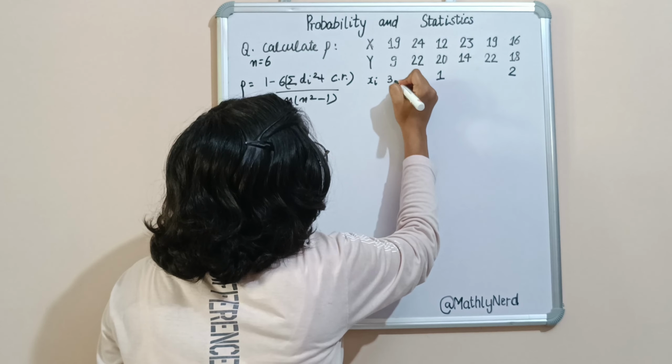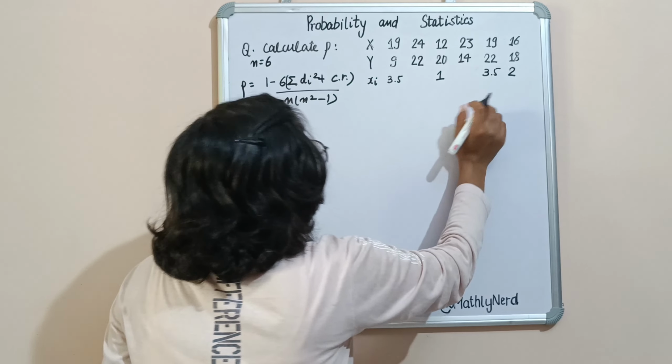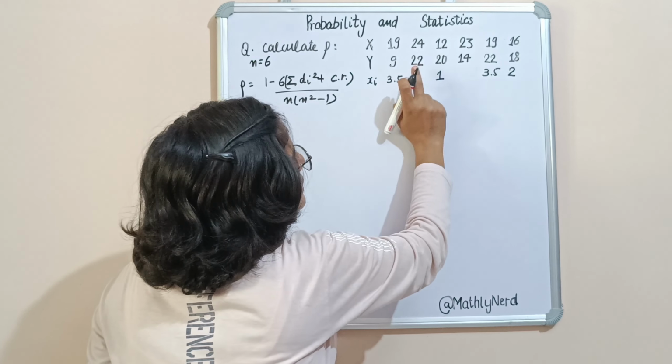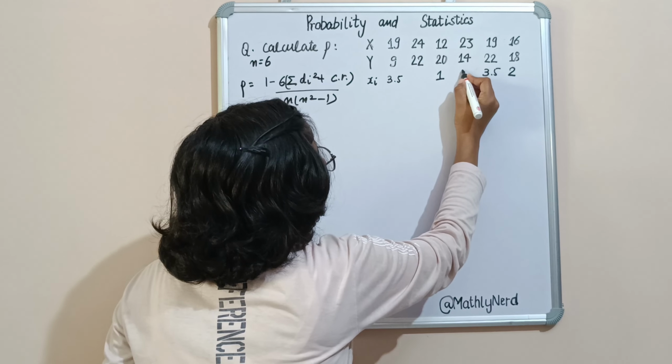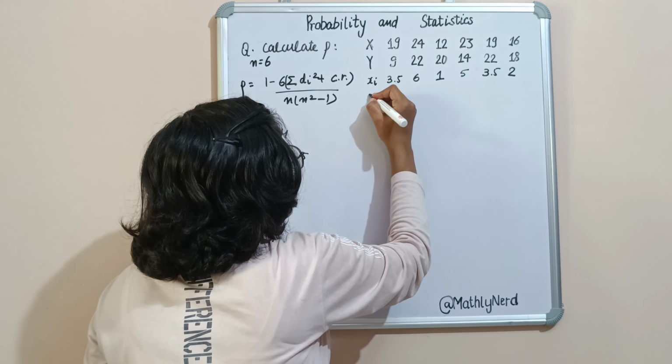So we will give 3.5 to this, 3.5 to this. Now we have assigned the 3rd and 4th ranks. Our next is 23. We will assign 5 to this and 6 to this.